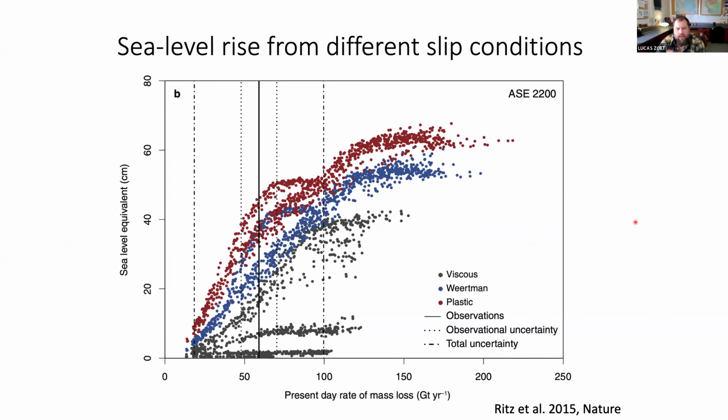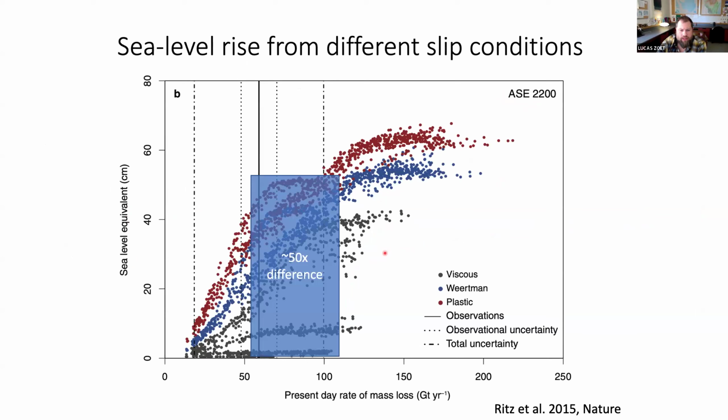And so it can make a big difference, right? In this paper by Catherine Ritz, what she did was look at a number of these different slip laws and make predictions about the sea level equivalent ice that would be dumped into the ocean near the Amundsen Sea embayment glaciers over different conditions in their model. The different colors that you see are where they've changed the slip law that they've used.